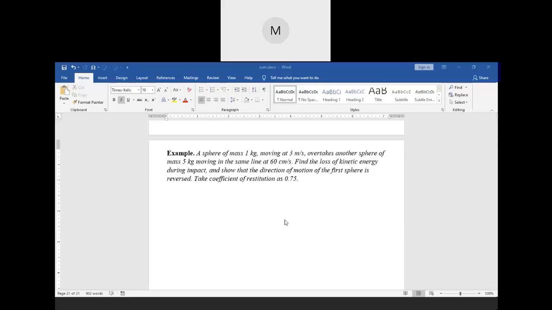First of all, you have to convert this centimeter per second to meter per second. Then you have to find the loss of kinetic energy during impact. So m1 is 1 kg and m2 is 5 kg. Now there are the u values, and you have to assume the rest of the things and just try to do it.